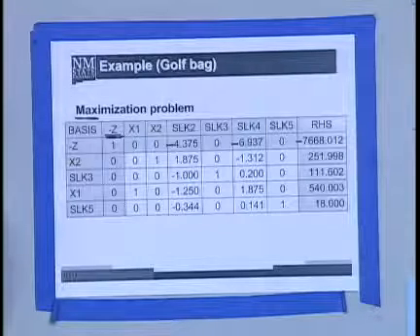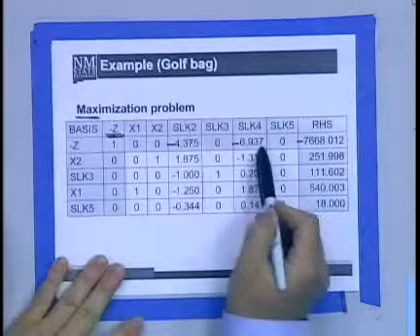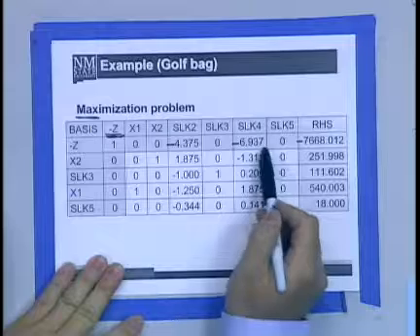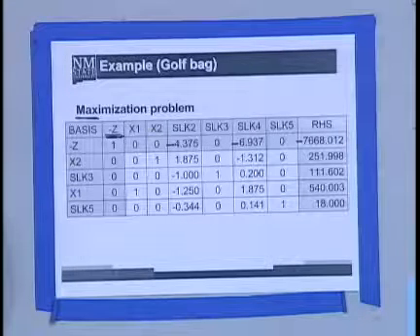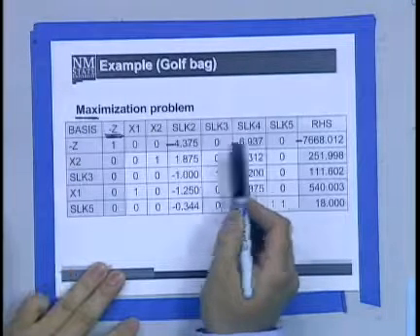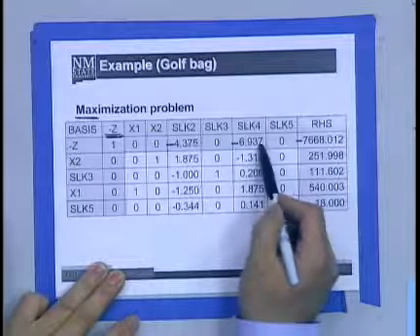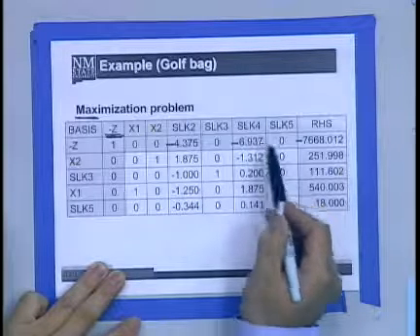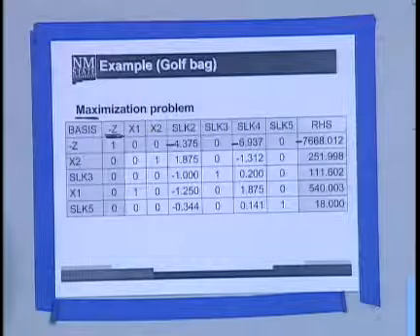And because the coefficients of both slack 2 and slack 4 variables are negative numbers, the objective function value will decrease as you increase either slack 2 or slack 4 variable. Is that right? So everyone following me, right?